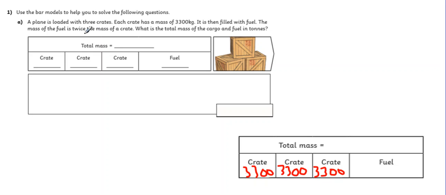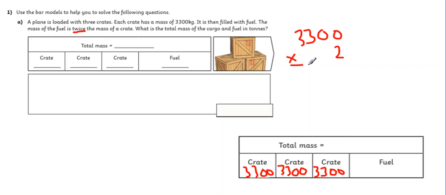So the fuel is twice the mass of a crate. So that means that we're going to multiply 3,300 by 2. Okay, because twice means multiplied by 2.